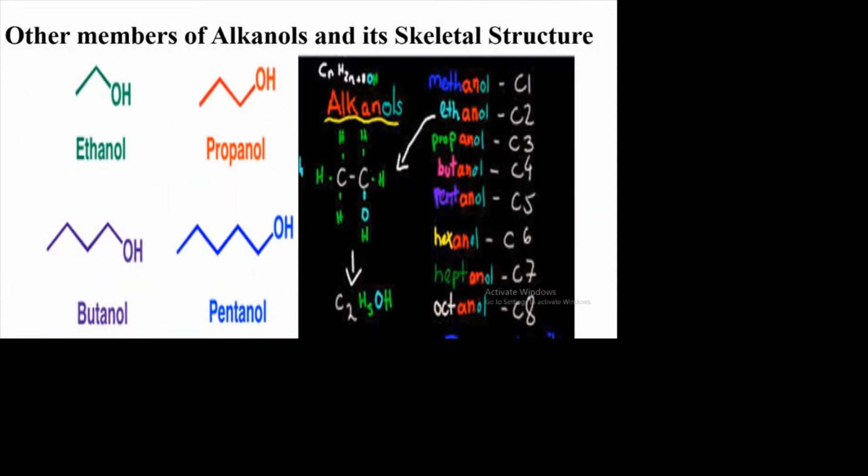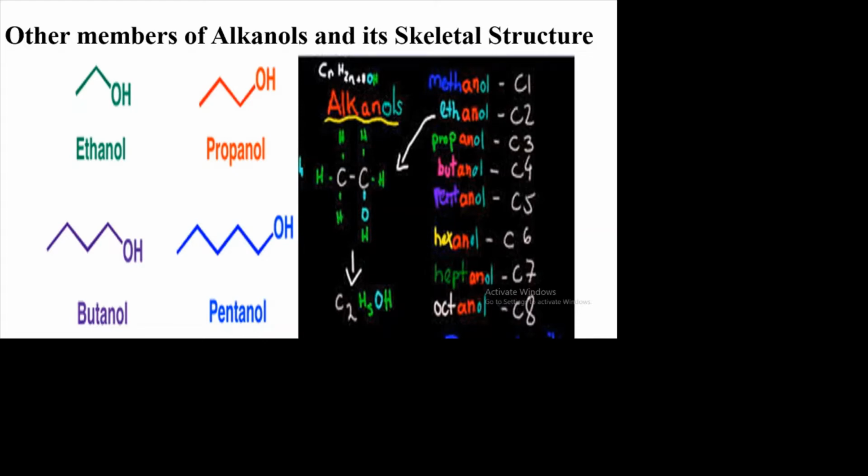Now, what are the other members of alkanols and the skeletal structures? There are different ways of representing any organic compounds. We have the skeletal structure, we have the condensed structures, and other ways of representing it. We have been able to mention 3. We also have staggered structure. The most common ones are condensed and general structure.